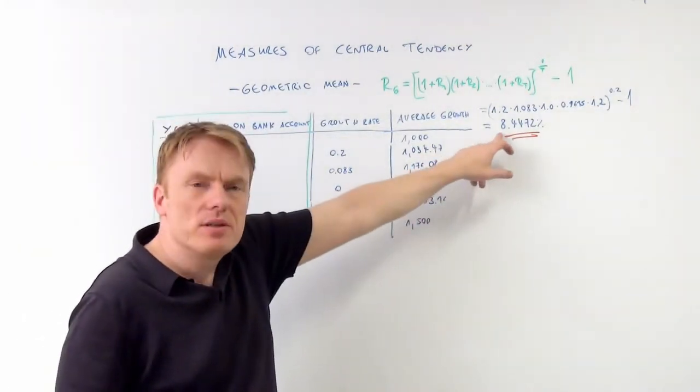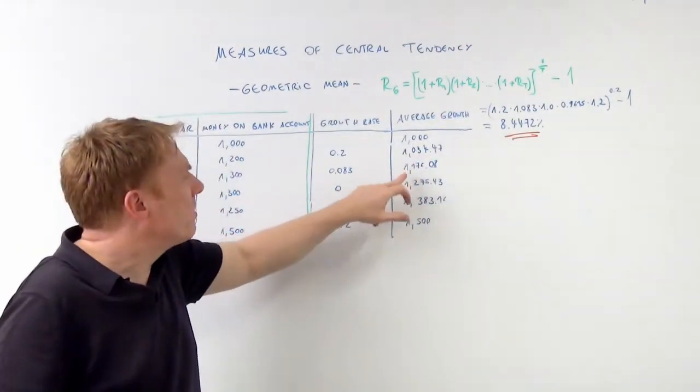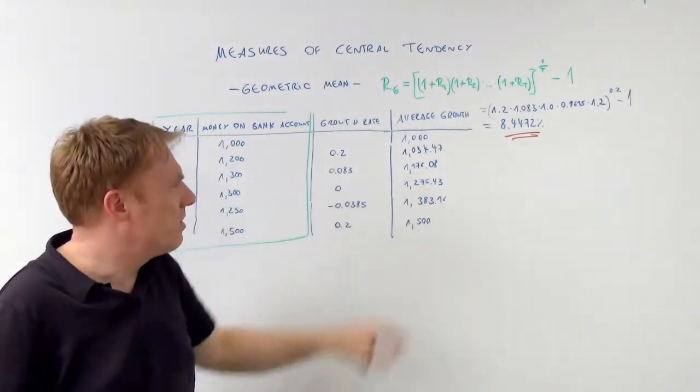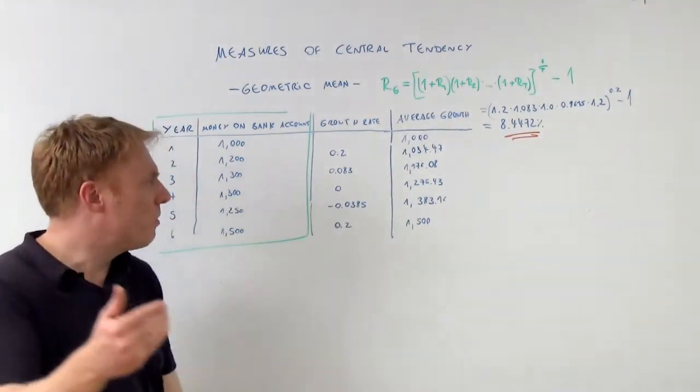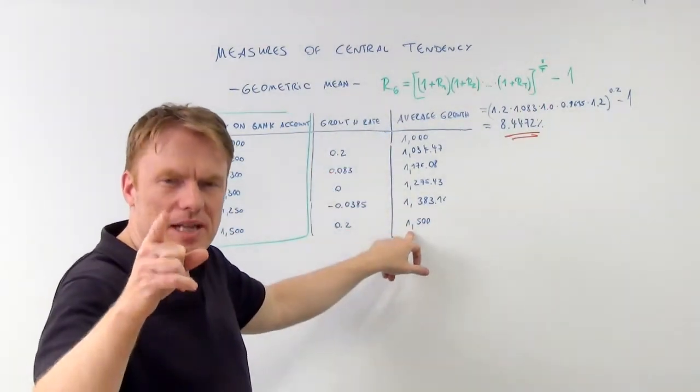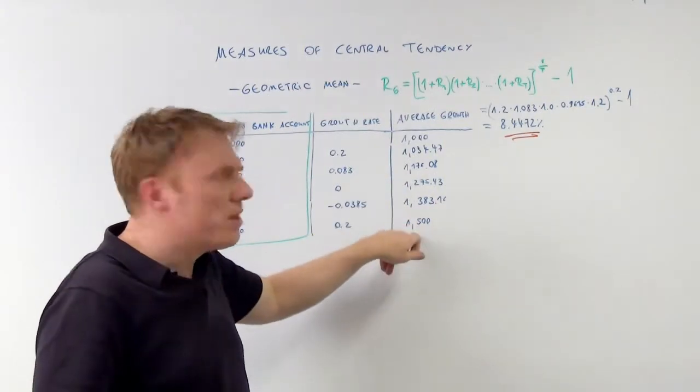Again, with the 8.44%, it's $1,176.08, and so forth.